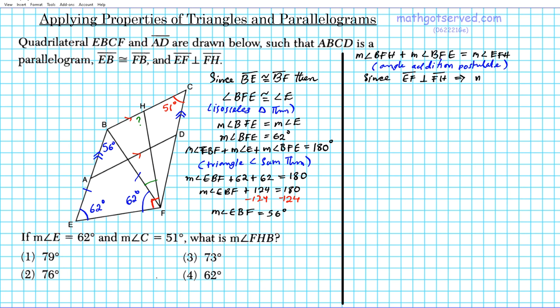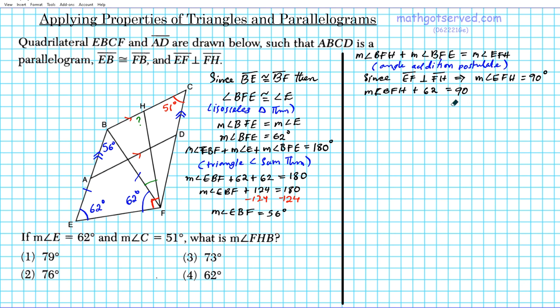We're also told that, well, no, we're not told, we found out that the measure of angle BFE is 62 degrees, right? So let's set up an equation. The measure of angle BFH, what we're looking for, plus the measure of angle BFE, which is 62. If we combine those together, we get EFH, which is 90 degrees.